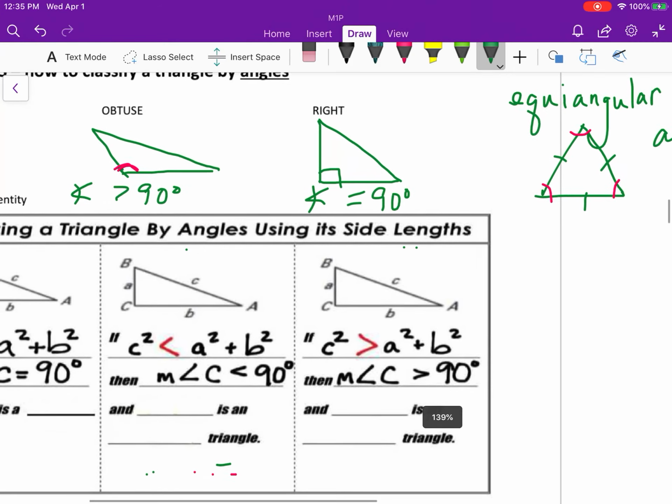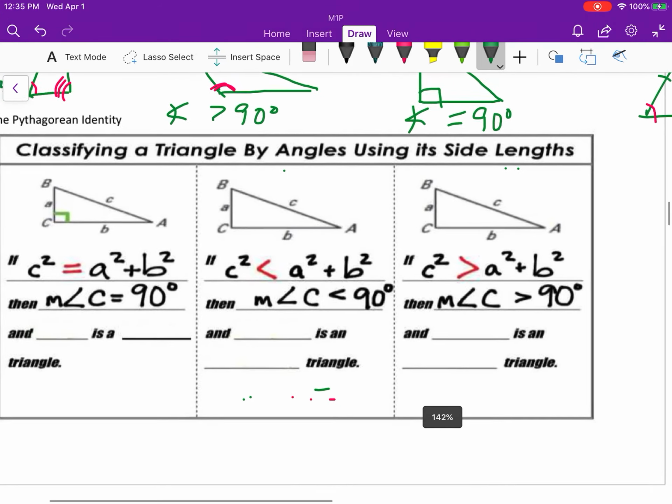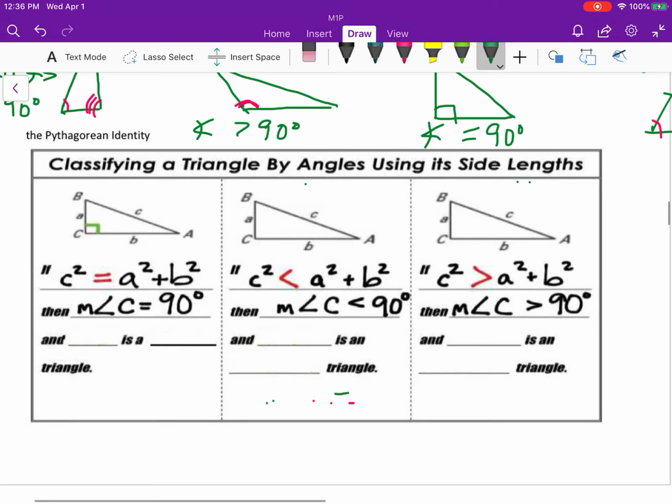Okay, so all angles equal. Now, if you can't tell by looking at it or on a graph grid, you can classify them using what we call the Pythagorean identity. I'm not sure you're going to have to really deal with this on your summative at all, but I at least want to tell you about it in case you see it. You can do the Pythagorean theorem.